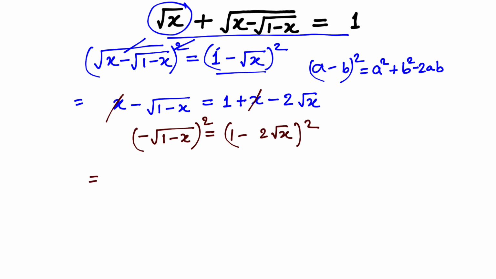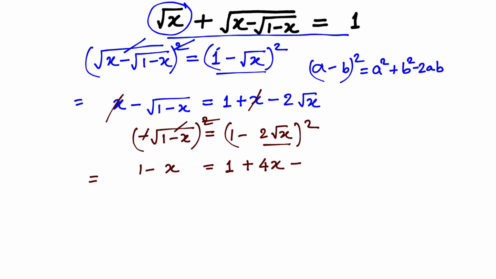What will happen with the left hand side square? The minus sign will be cancelled and the under root will be cancelled if we square it. So all we will get is 1 minus x. And on the right hand side again it is in the form (a minus b) whole square, so we will expand it. The square of 1 is 1, plus b square, here the square of 2 under root x, which is 4x.